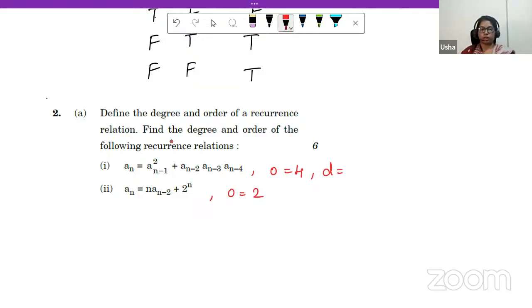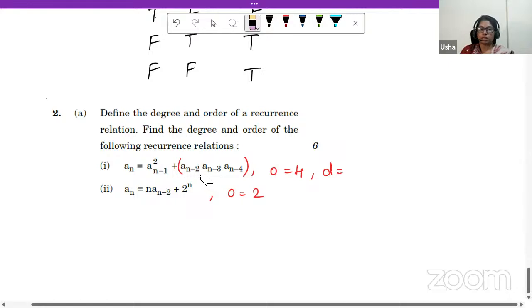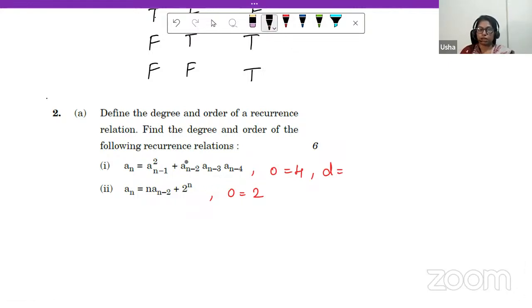Degree 3. Yes, Shweta, good. Degree is 3 because see, we have a product here. Here there is a power. Power is 2. Okay, but degree is not this. Degree means if you have a product, see how many terms are multiplied. That is the degree. So here you have a_{n-2}, a_{n-3}, a_{n-4}. 3 terms are multiplied. Therefore, degree is 3.